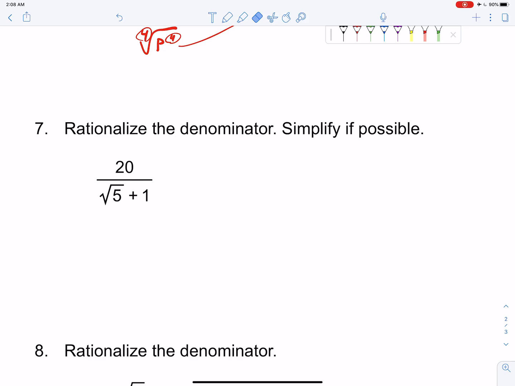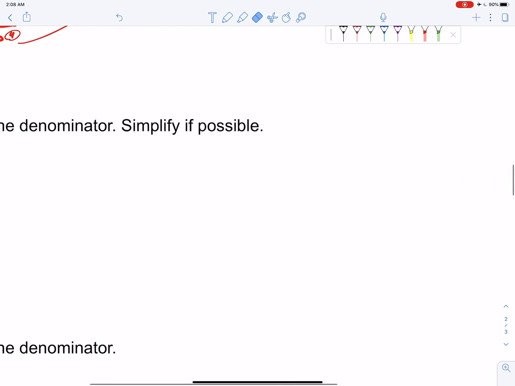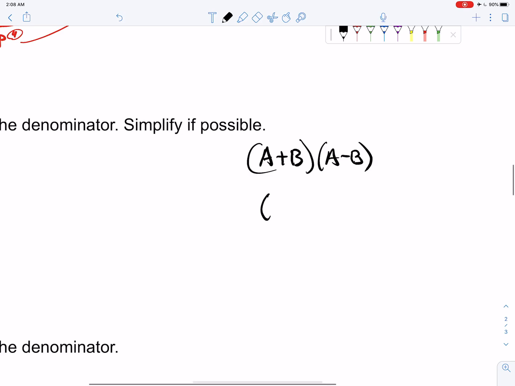So what we have to do is remember back to some previous learning that said, hey, wait a minute, if I had A plus B times A minus B, some nice things happen, right? Wasn't that a difference of two squares? Didn't it just become A squared minus B squared? Let me just verbalize what happened.